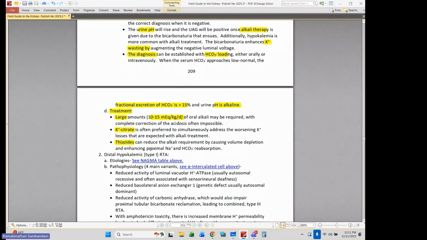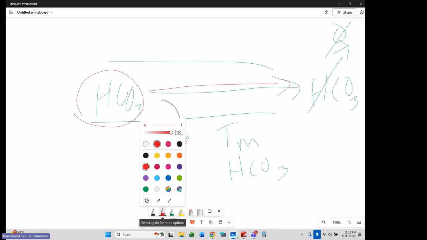Sometimes you can try and increase proximal tubular bicarbonate handling or reclamation through creating volume depletion. When I create volume depletion, I try to essentially increase my tubular maximum, right?